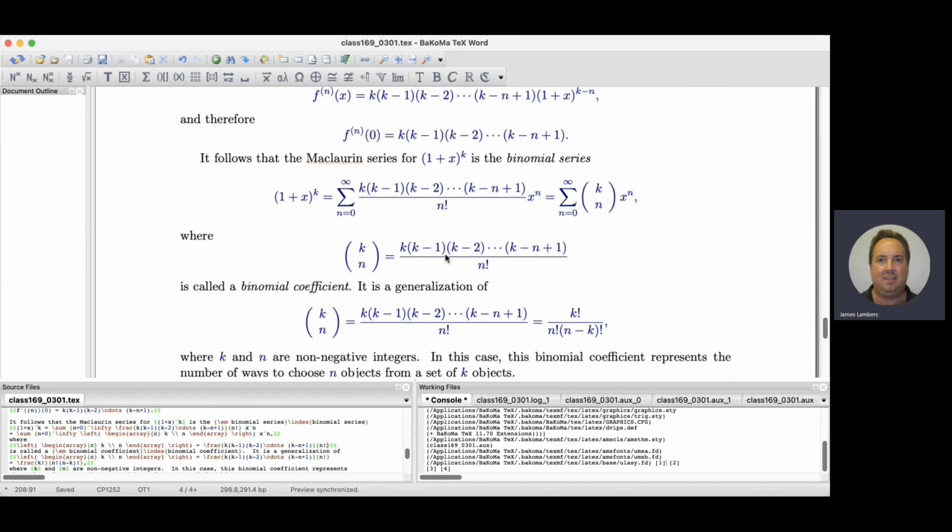But again, we don't require k to be an integer. k can be any real number. So as long as n is a non-negative integer, this formula is usable for any real number k, whereas this one would not be. So it's a generalization of a binomial coefficient that you would have seen before.